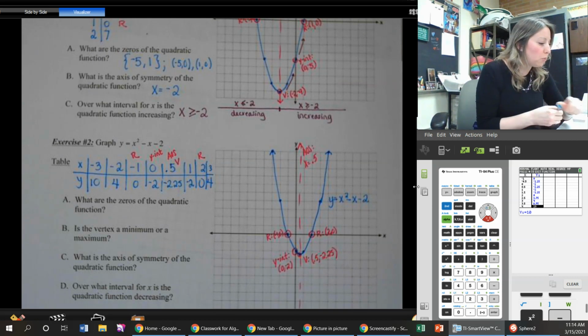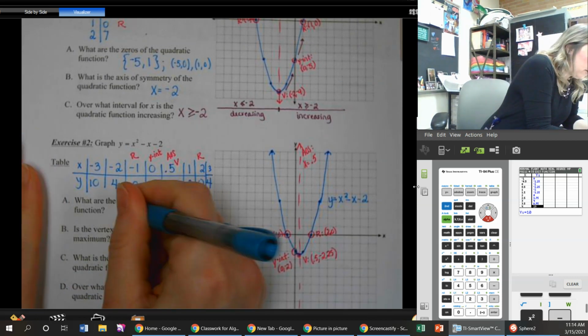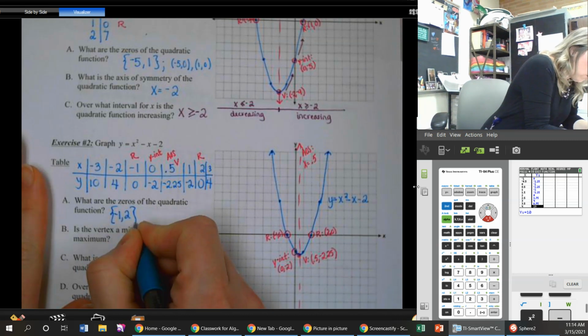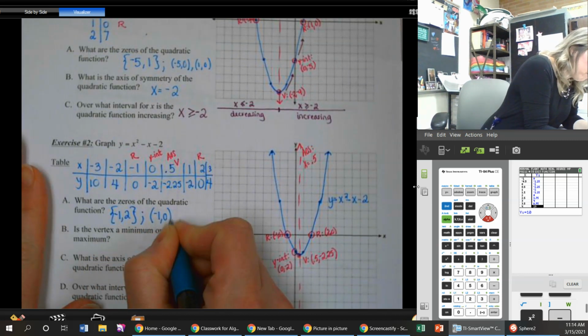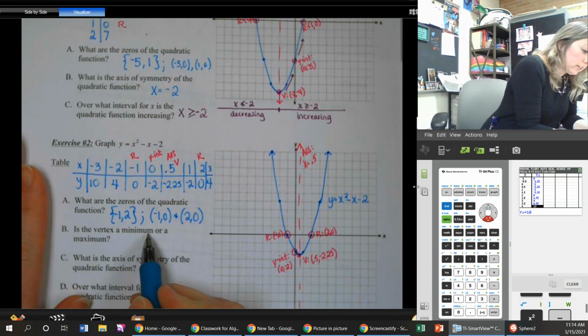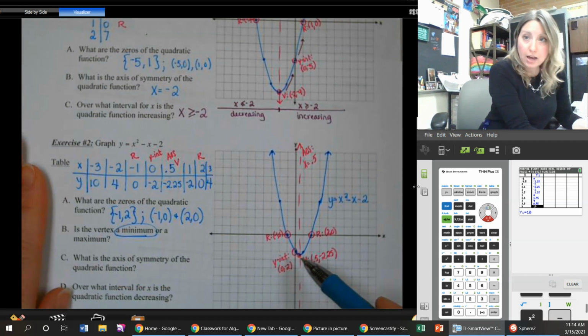Let's answer our questions. What are the zeros of the quadratic function? Okay, again, we can either identify just the x values of the zeros, which are negative 1 and 2, or we can identify them as points, negative 1, 0, and 2, 0. Is the vertex a maximum or a minimum? It's a minimum. It's a bottom of our parabola.